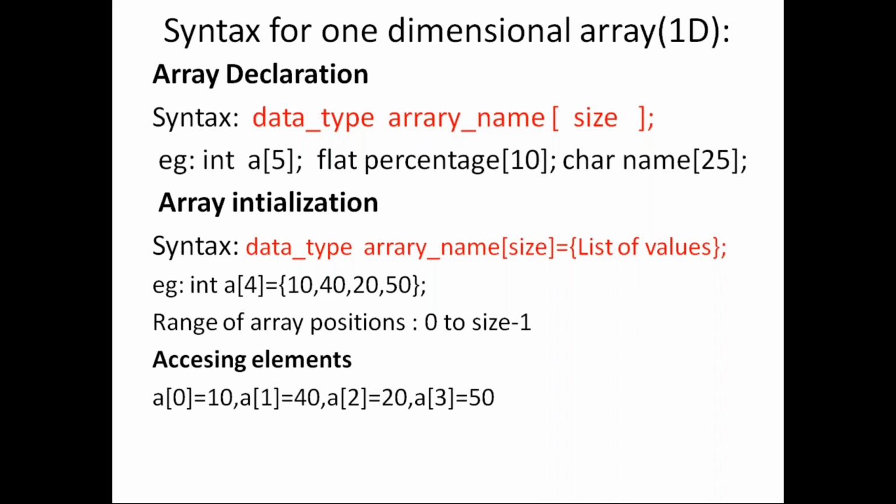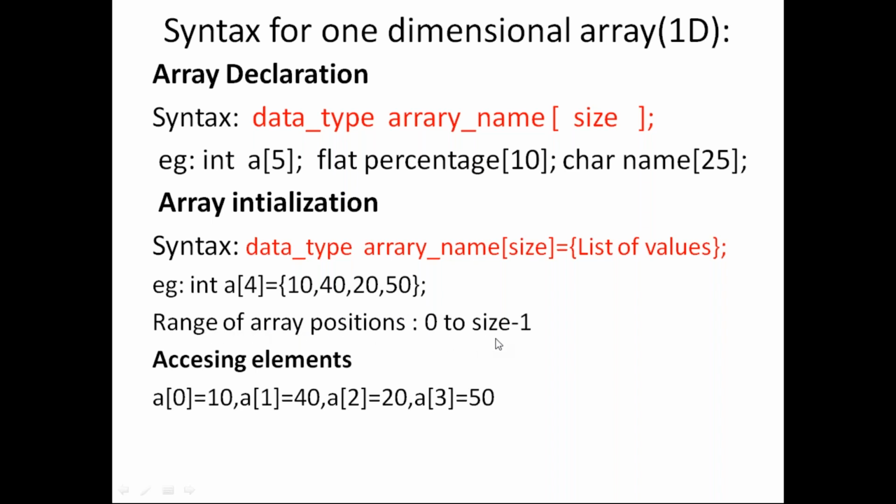The syntax is data type, array name, and the size specified, equal to the list of values, closed with a semicolon. For example, int a[4] = {10, 40, 20, 50}; within braces.